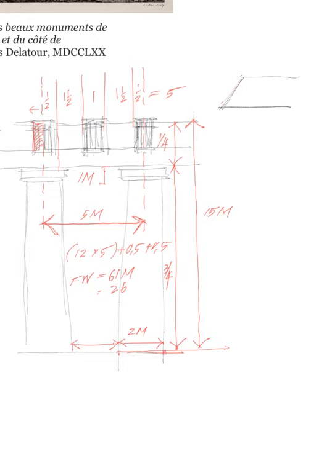The top slab, which is square, is called the abacus. And underneath it sits the rounded element called the echinus.